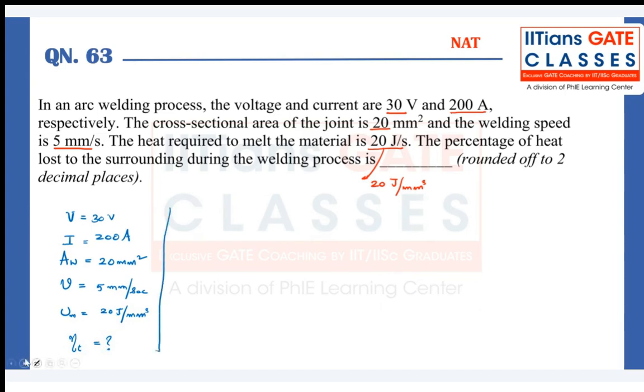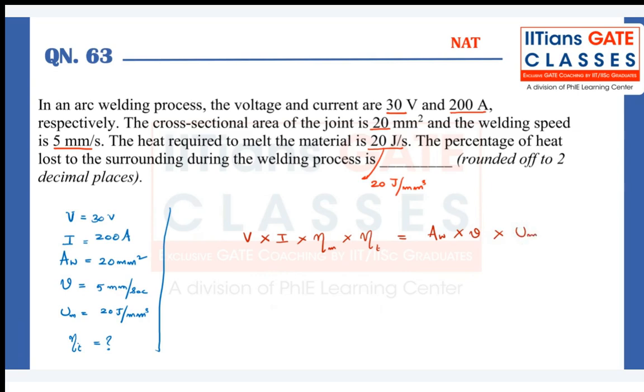Now, guys, I gave you one relation. If you remember that, it would be very, very easy to solve this kind of question. What is that? V into I into melting efficiency into heat transfer efficiency is equal to the area of the weld bead into welding speed into unit melting energy.